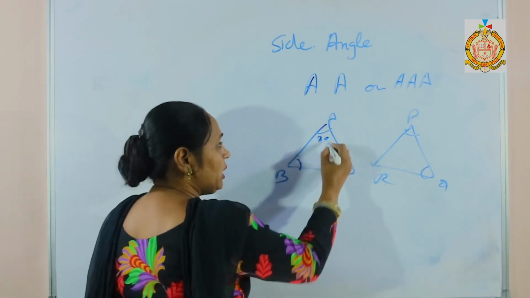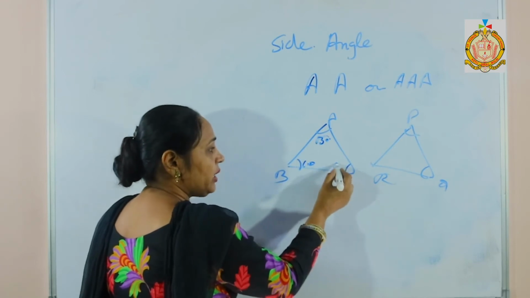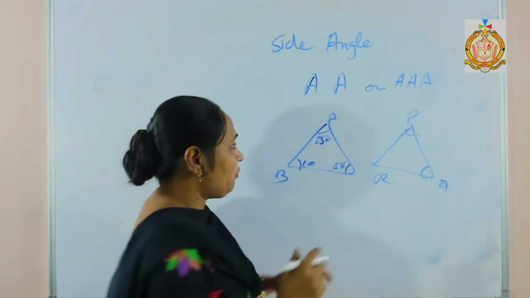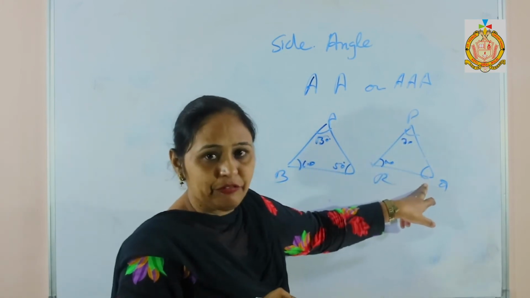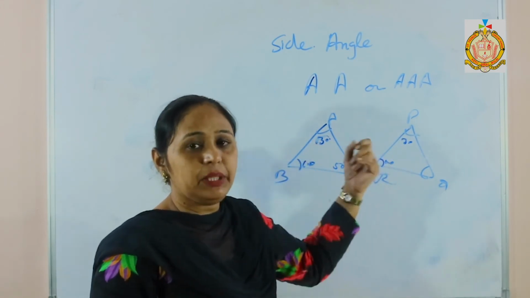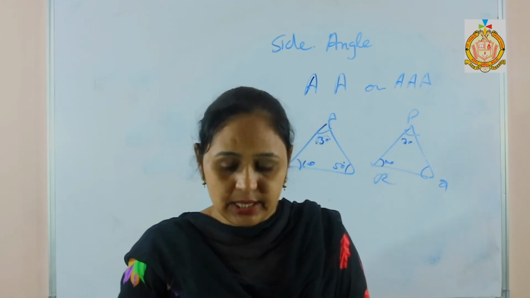If this is 30 and this is 100, then the third I find will be 50, because I know the sum is 180. In the same way, if this is 30 and this is 100, then the third will also be 50. That means if we prove two angles are equal, the third will also be equal, and we can say these triangles are similar.